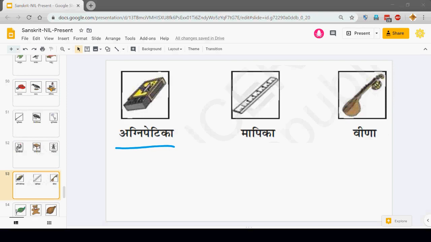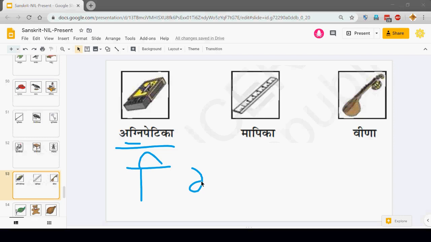All of you can notice that we follow the same guidelines, left to right, without using the vowel first. I ignore the vowel symbol. This is the vowel symbol, so ignore that. Just go from left to right or top to bottom as the case may be. Here it is left to right.